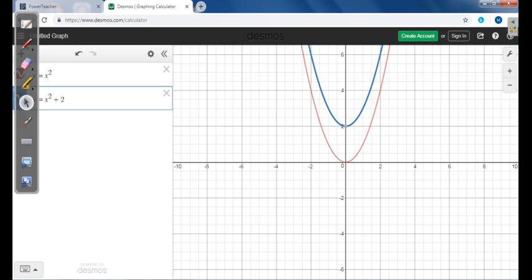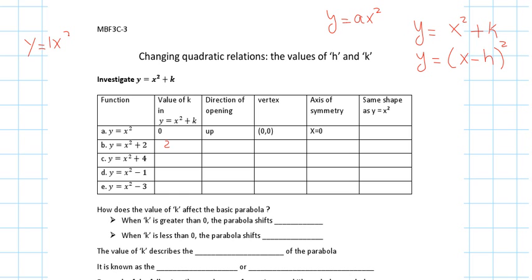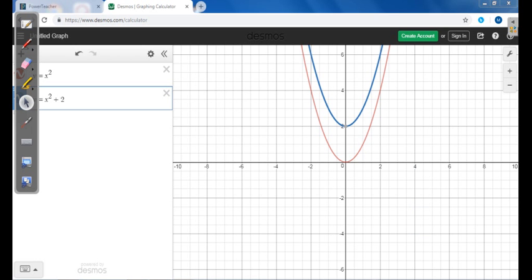Let's see if that's going to be the case every single time we add something to the x squared. What's my second function? x squared plus 4. Where's my graph now?